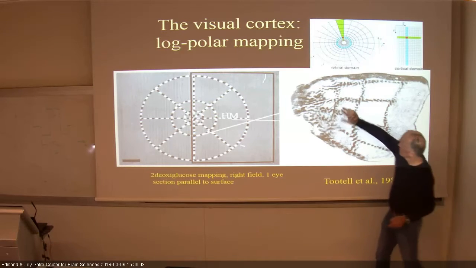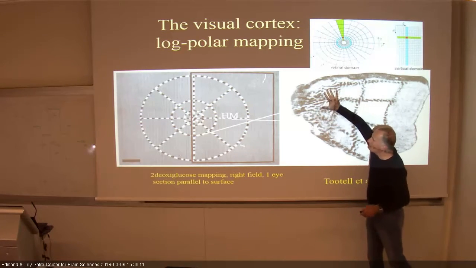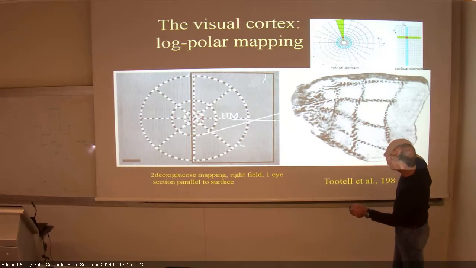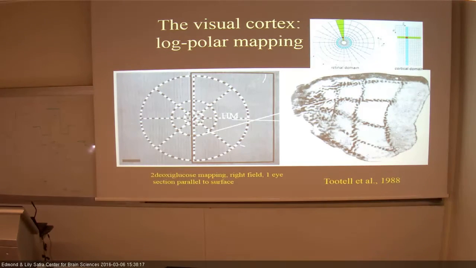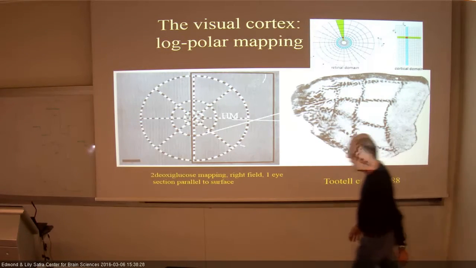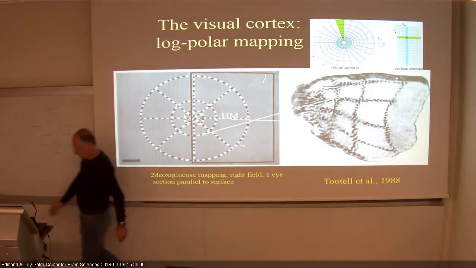So you see that this area here is about a third, right? Well, the middle arc here. So there's, again, the magnification factor that I mentioned to you. So this is orderly mapping in which, why did I call this a log polar? We'll see in a minute. I'll get back to that as we repeat this.